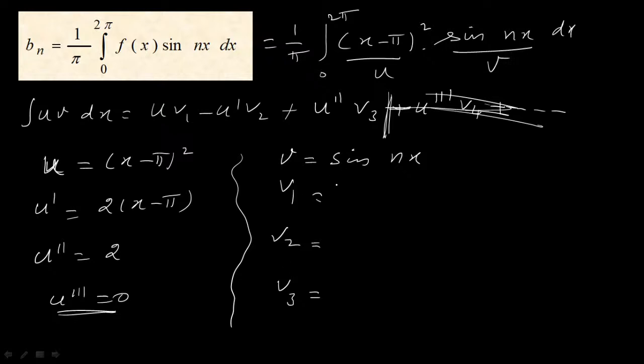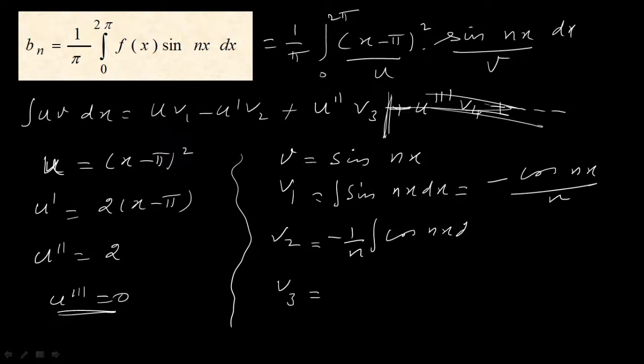So v1 is nothing but integral sin nx dx. While integrating sin nx, you get minus cos nx divided by n. v2 is nothing but, again you have to integrate v1 once again with respect to x, that is you take minus 1 by n constant outside, so you get only cos nx dx. So integrating cos nx with respect to x, you get sin nx divided by n.